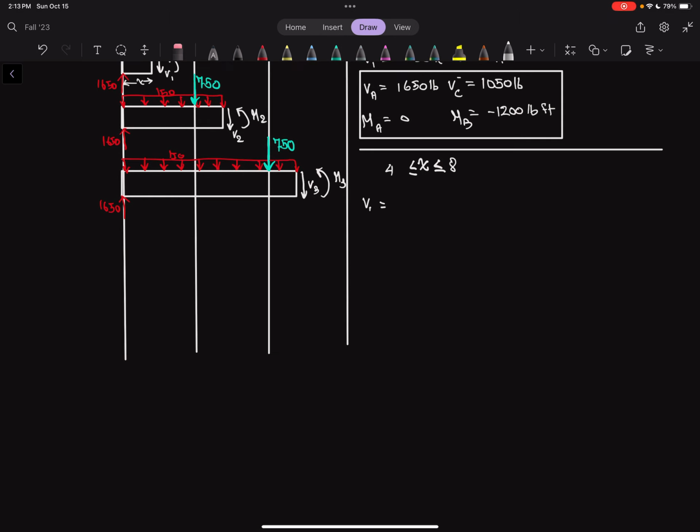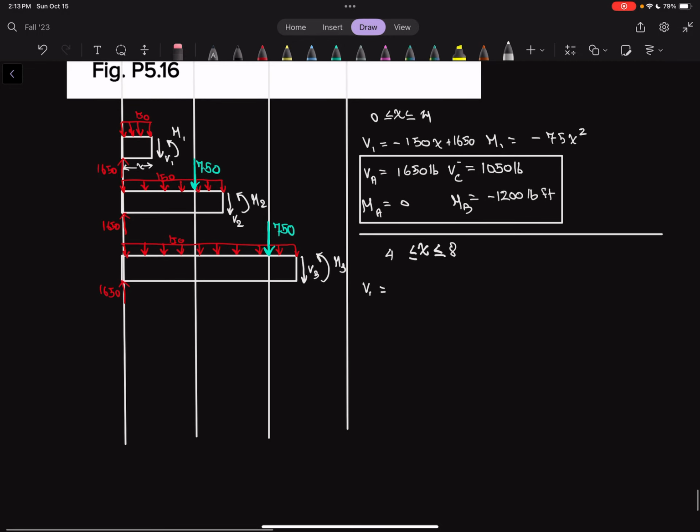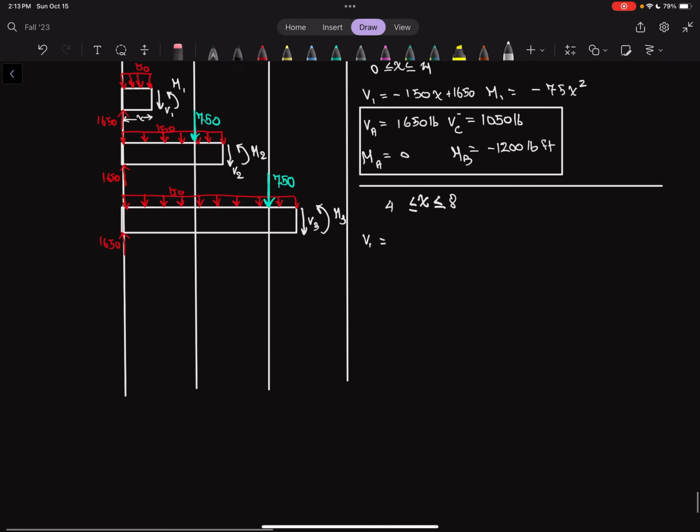And my V2 is going to be what I had before, minus 150 times x, because this is again x, minus 750 plus 1650, which becomes what? Becomes minus 150x. And now 1650 minus 750 should be 900.